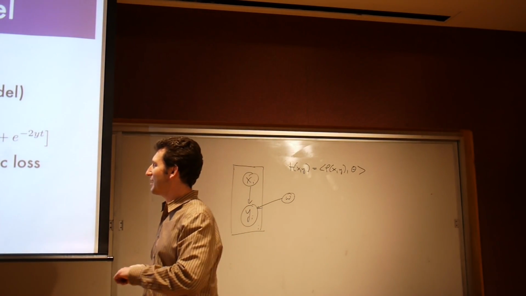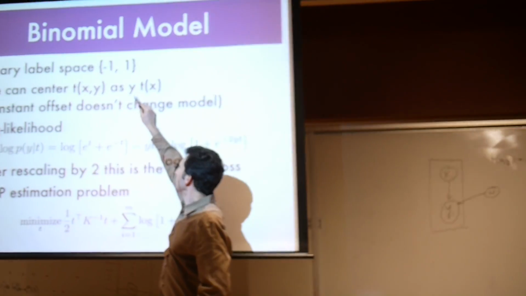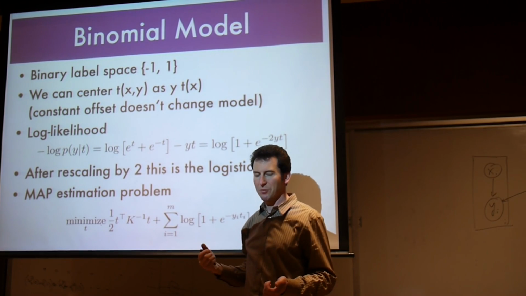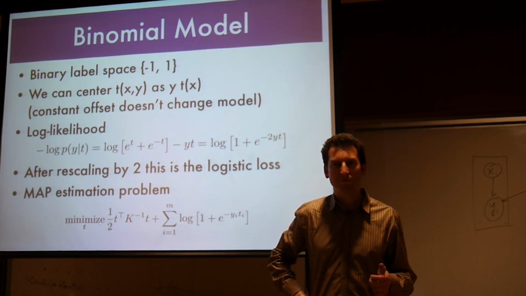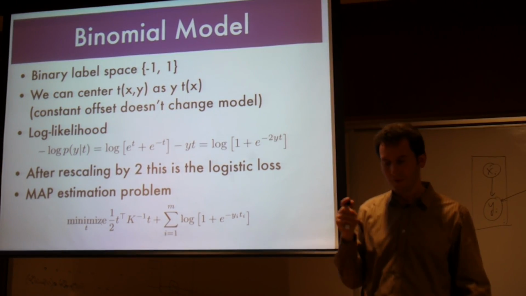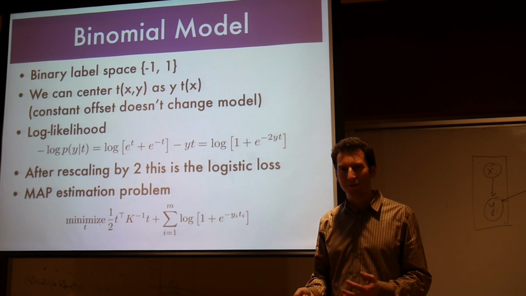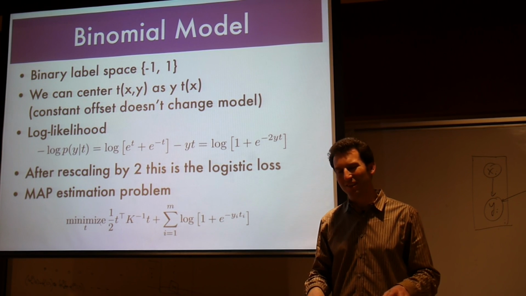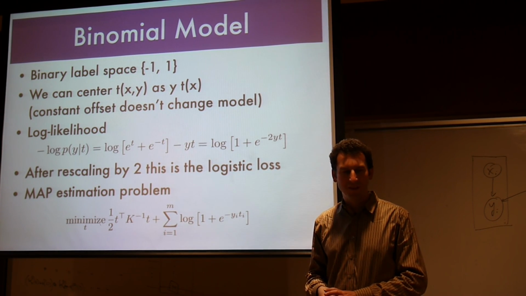The reason why I can center it is because, at the end of the day, assuming that the positive or negative class aren't anything special, I ought to be able to just flip the signs on everything and essentially get the same equations back, right?